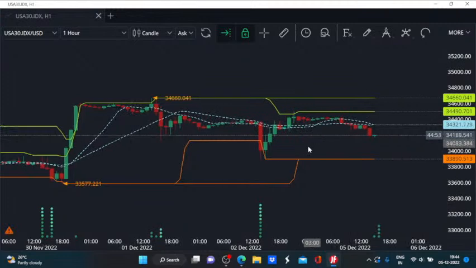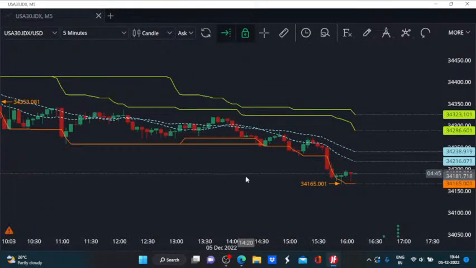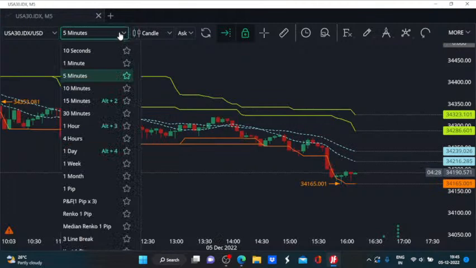So now in today's session, it is still, I think, preferable to keep looking for buying opportunities. And if we see the Dow Jones holding closer to the current levels of around 34,100 for the next couple of hours, and if we don't really see it breaking below 34,000, then I think in that scenario it is still a trade to be taken on the long side.